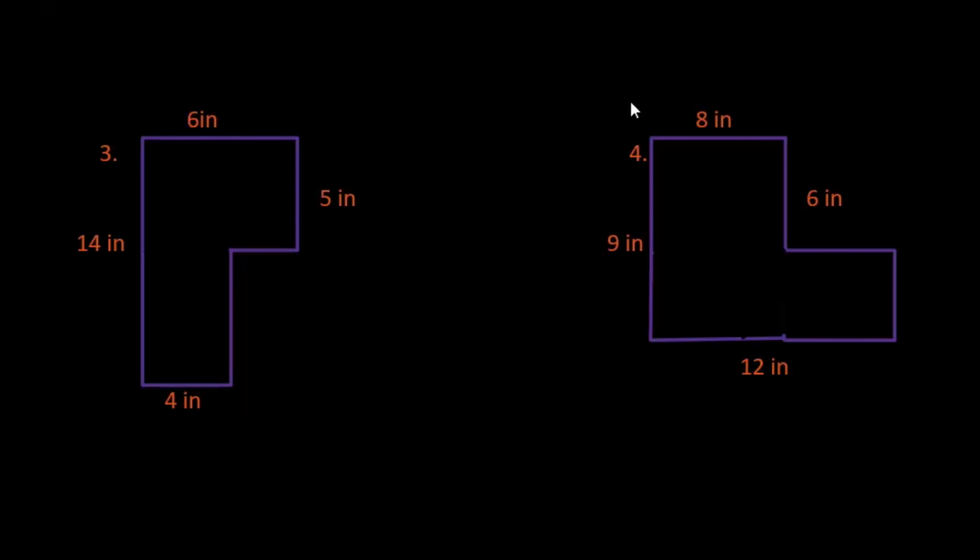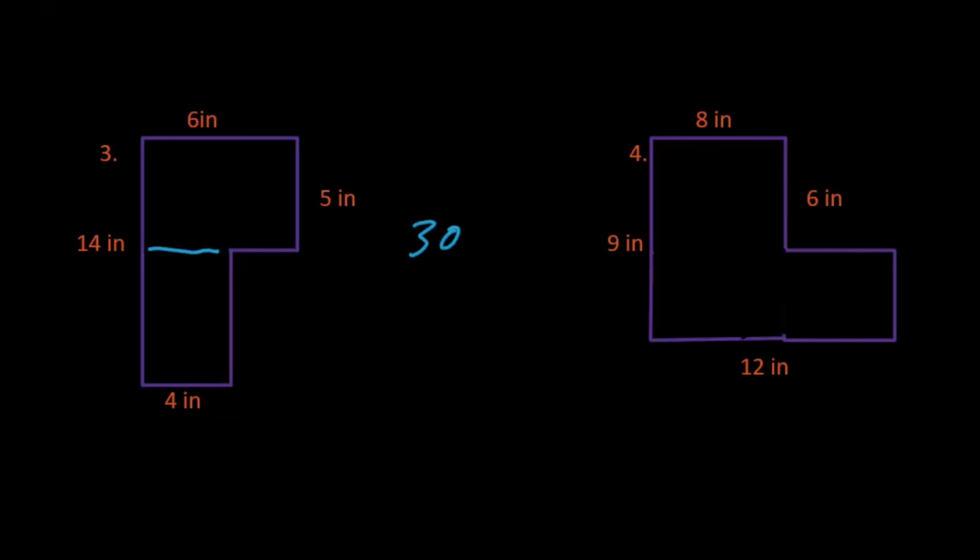Okay, so assume that you have paused the video and tried it on your own. So let's do this. So let's split it like this. So we have the length 5 inches, we have the width 6 inches. So 6 times 5 is 30. We can write that there. And now we have the width but no length.